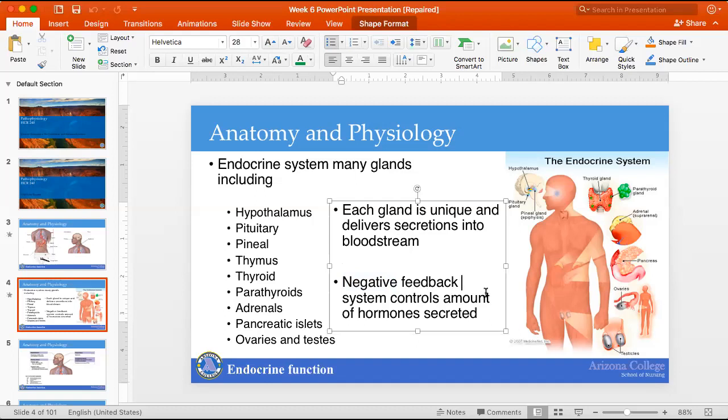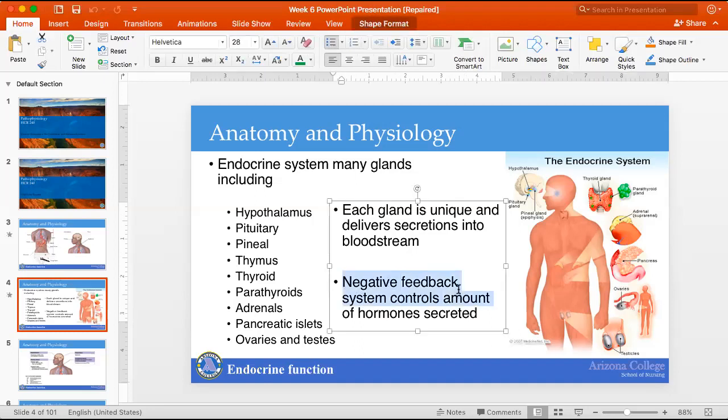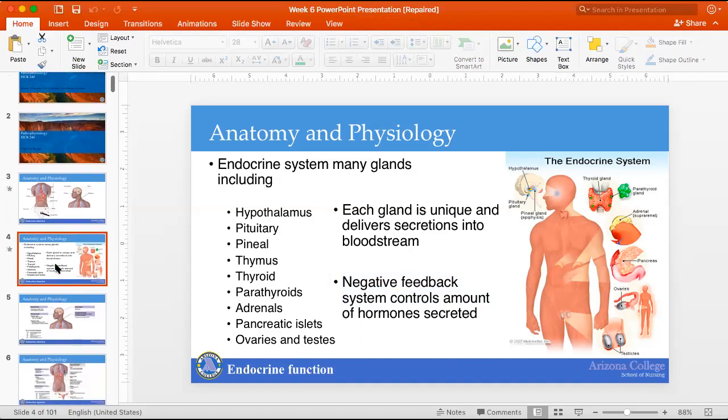You want to increase the contractions so the child can be born, and also during breastfeeding. These are a few examples of positive feedback, but most of the controls, particularly with the endocrine system, are going to be negative feedback. So once you have gotten to a certain level with these hormones and you've reached the level that you need, you're then going to stop that. There's going to be a cessation of the hormone, and then cessation of the effect.